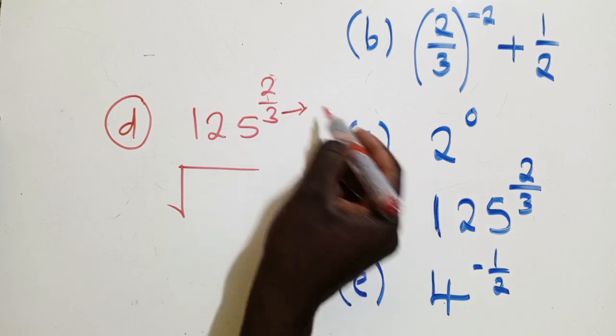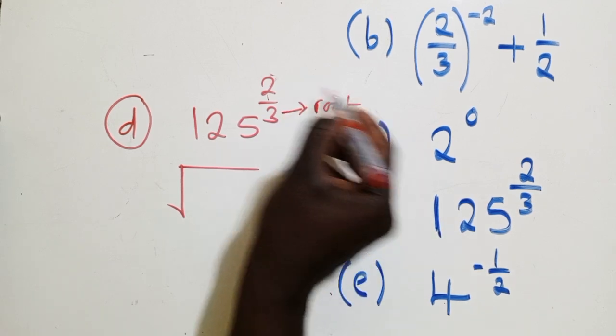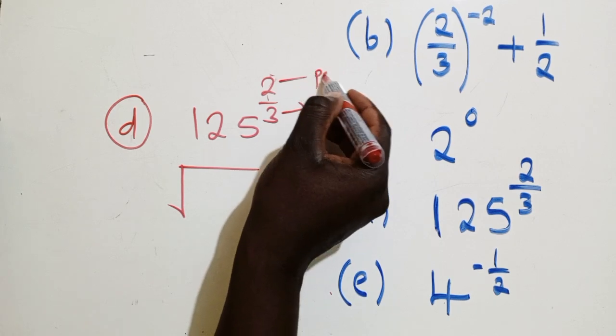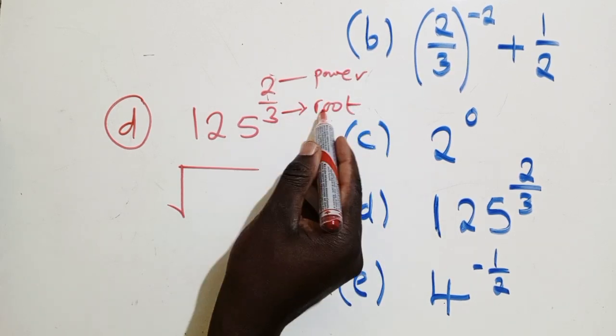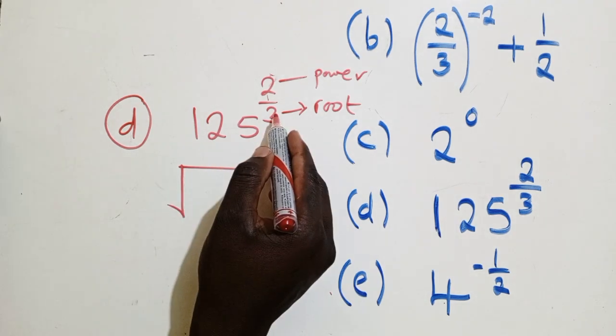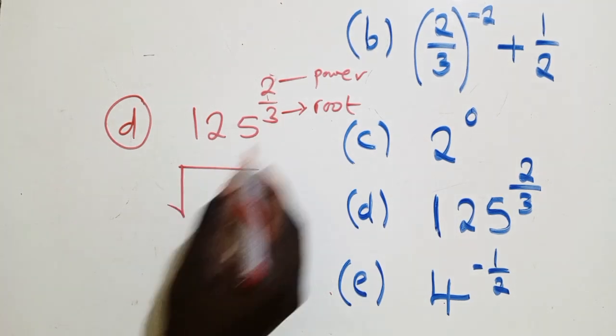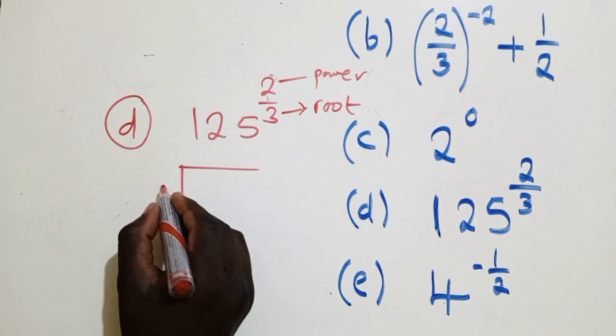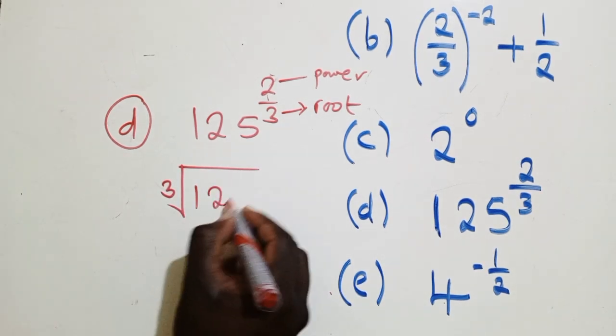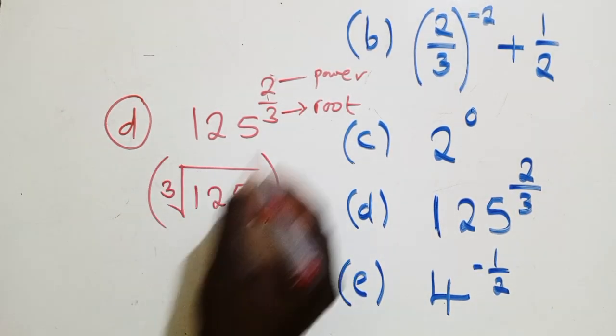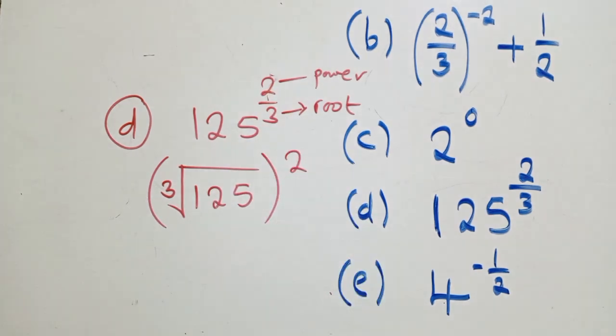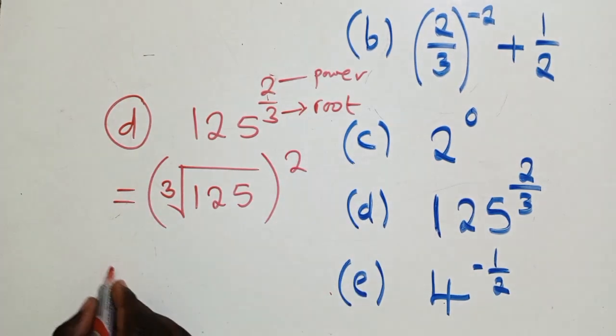This is called the root, and what is on top is called the power. So this will be the cube root because of the 3. So we put a 3 here, and 125. The number on top will be somewhere here. So this is what we have.